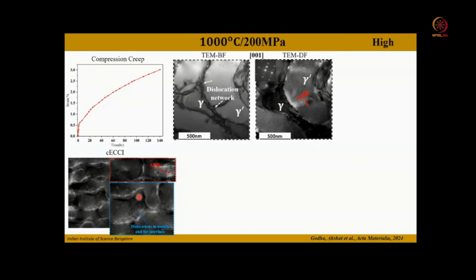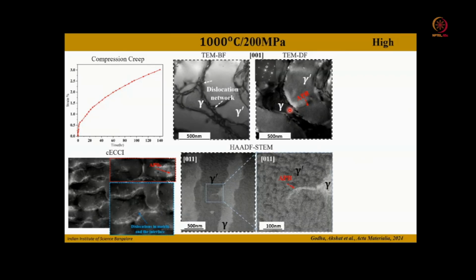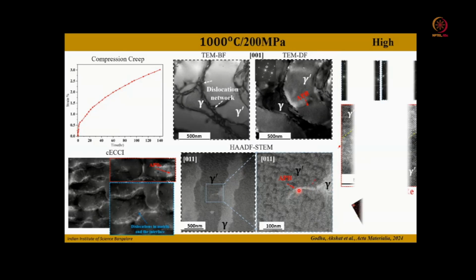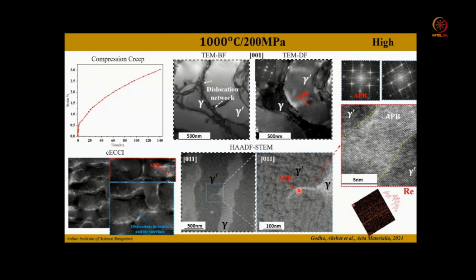These antiphase boundaries are typically bent if you observe along the cubic 001 directions. In the HAADF STEM image, you can see a significant change in the Z contrast across these antiphase boundaries.